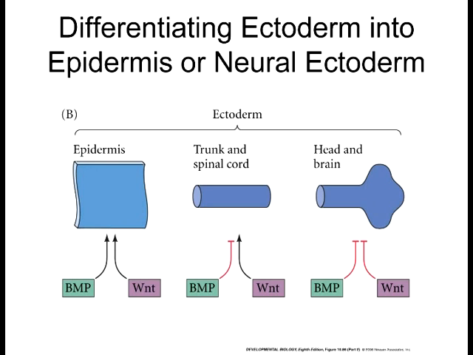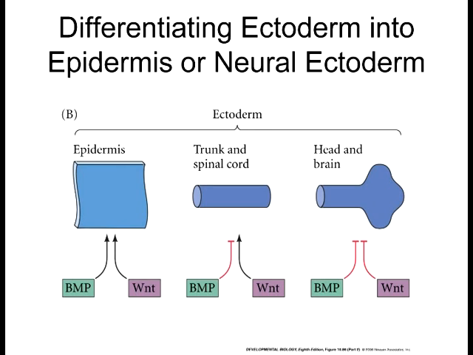The ectoderm, as you should know, becomes not only the outer covering, but also becomes neural tissue. Depending upon what the ectoderm is exposed to, there are several fates. For example, if the ectoderm receives both BMP and Wnt signaling, it'll become the epidermis. It'll become the skin, the outer layer. It'll become feathers for chickens and other things like that.